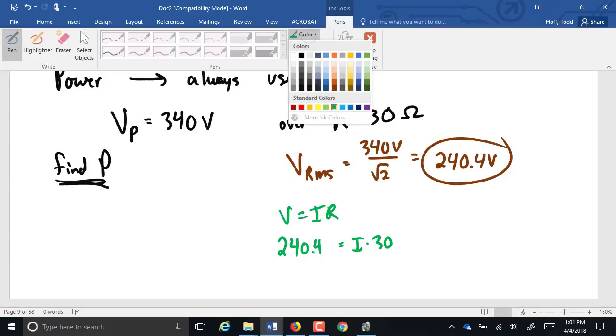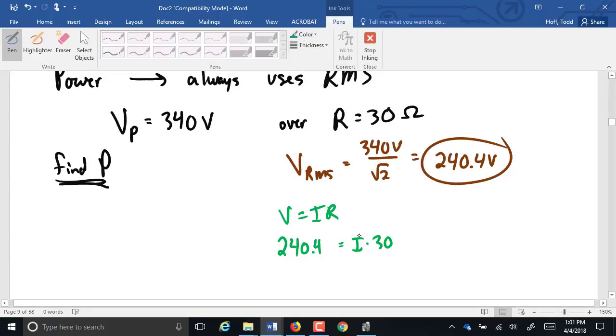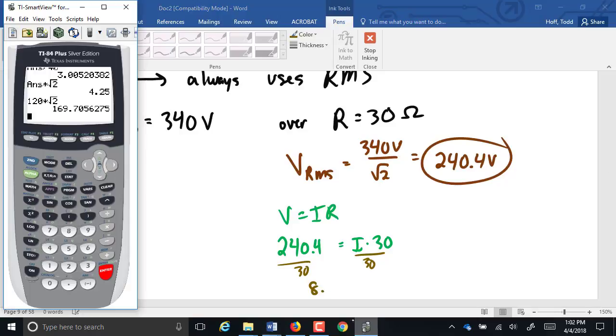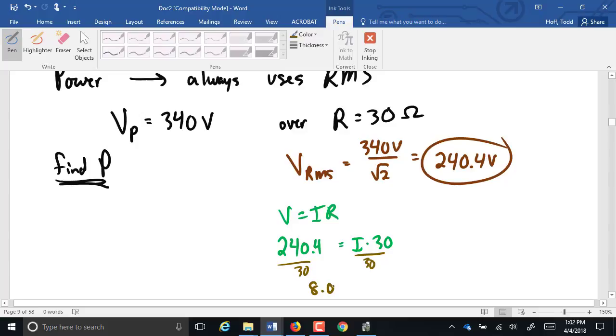So I take the 240.4 divided by 30, which gives us 8.01 amps. Is that peak or RMS current? RMS, because that was an RMS voltage. So for our power, those are the values we're going to use.